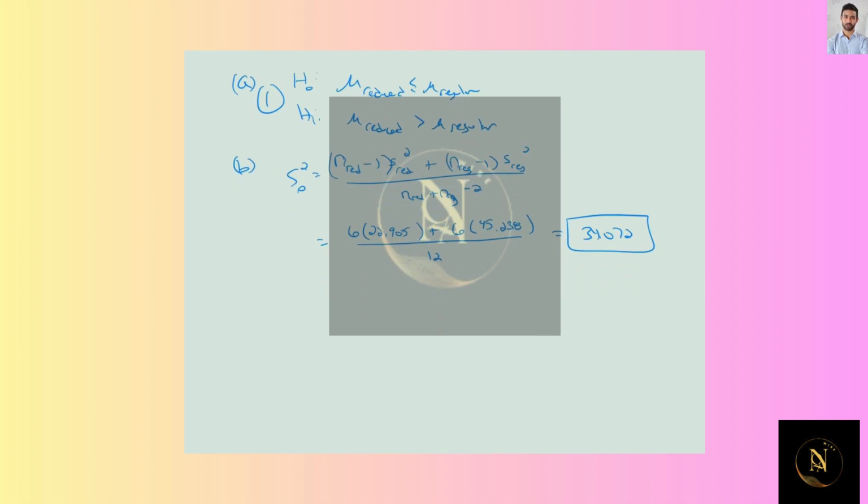The test statistic is calculated as the sample mean from the reduced minus the sample mean from the regular over the square root of the pooled standard deviation or pooled variance times 1 over the reciprocal of the sample sizes.